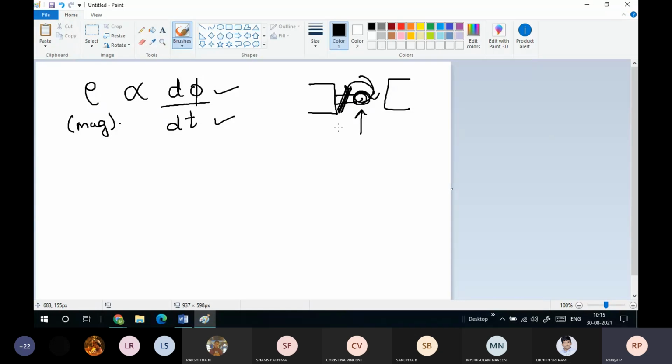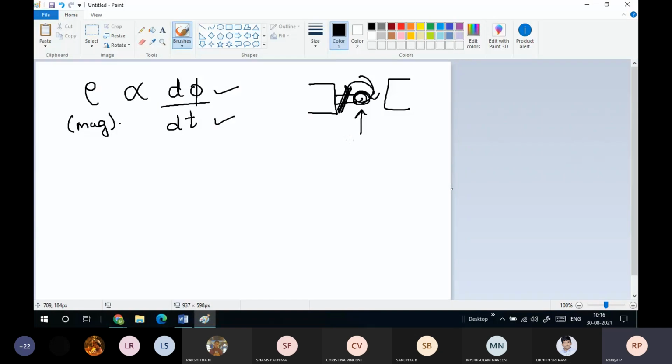When the flux has been induced in the system, the voltage gets generated in the conductor, because there is relative motion with respect to flux between the conductor and the coil.